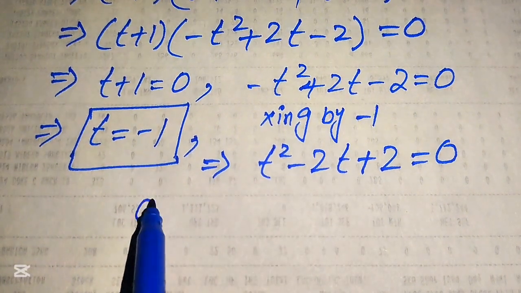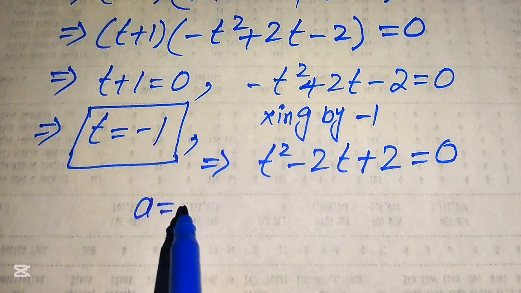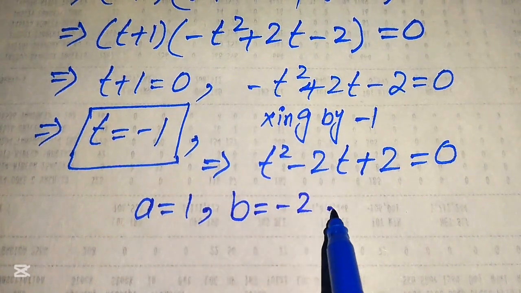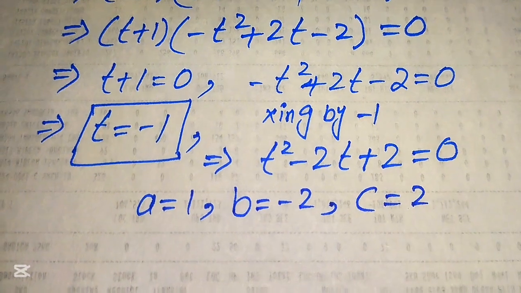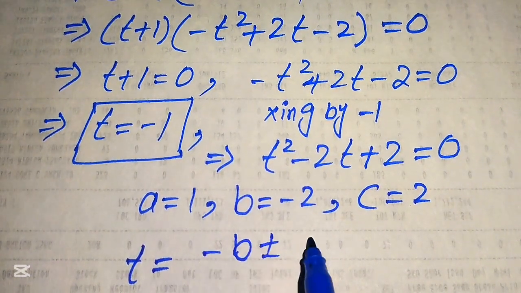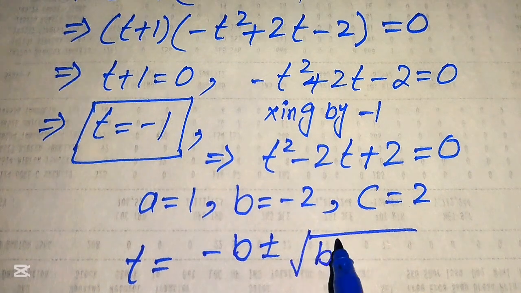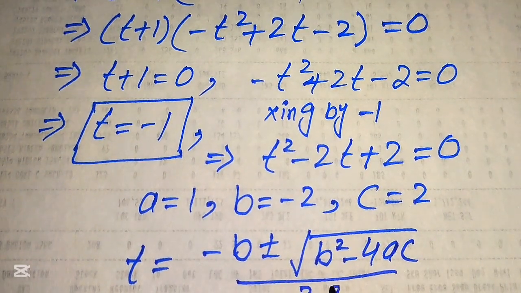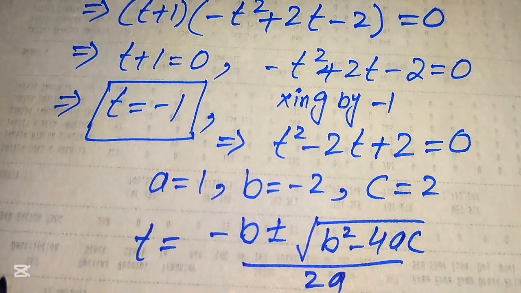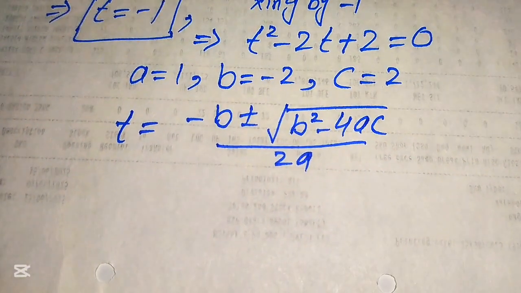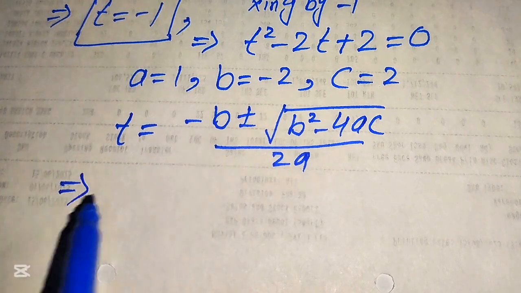For this, first we write the coefficients of this equation: a equals 1, b equals minus 2, and c equals 2. We state the quadratic formula as minus b plus minus square root of b square minus 4 times ac, divided by 2 times a. So this is our quadratic formula, and now we put the values of a, b and c in this formula.